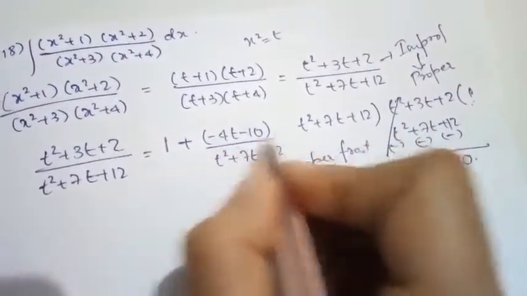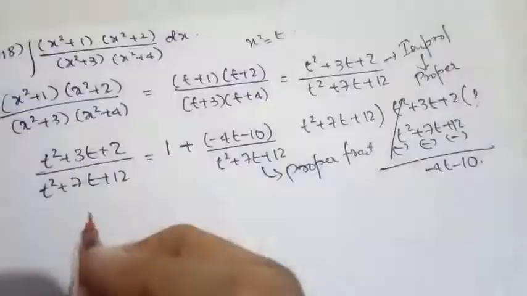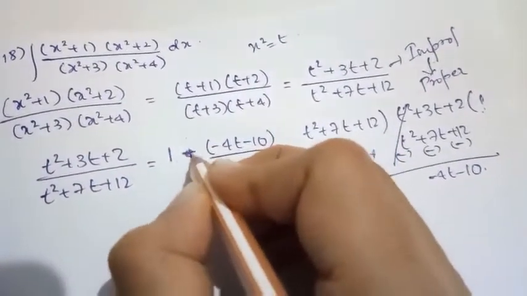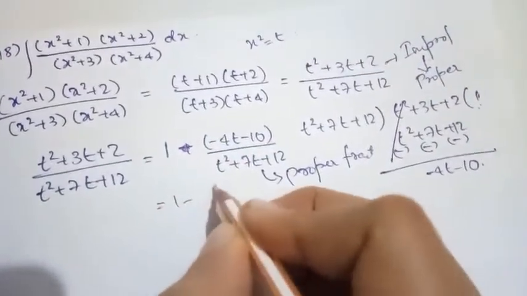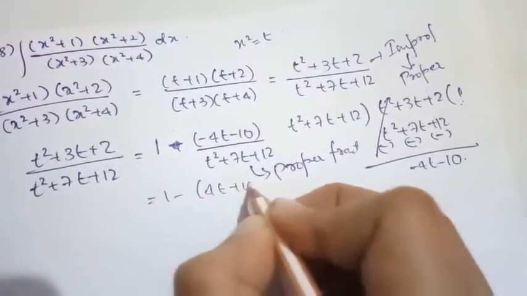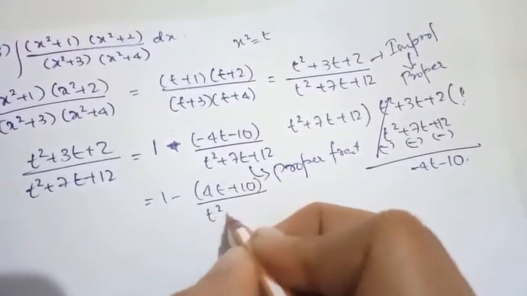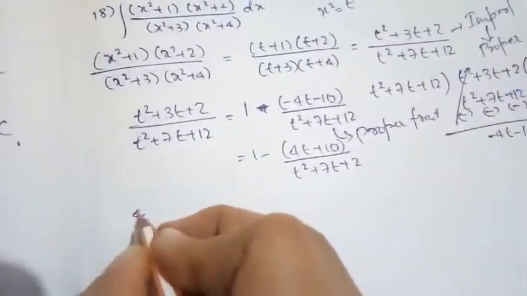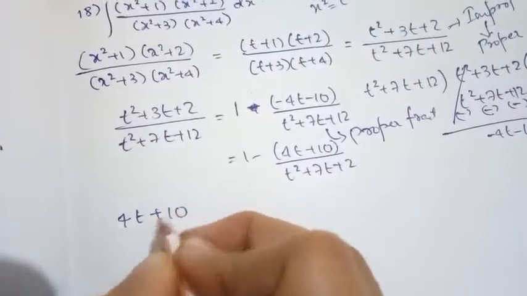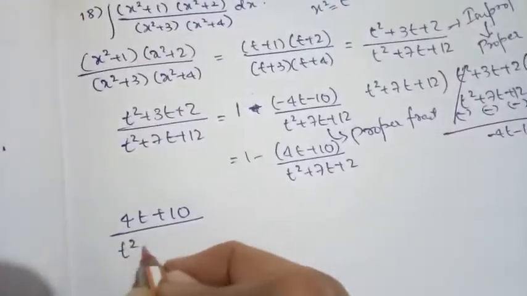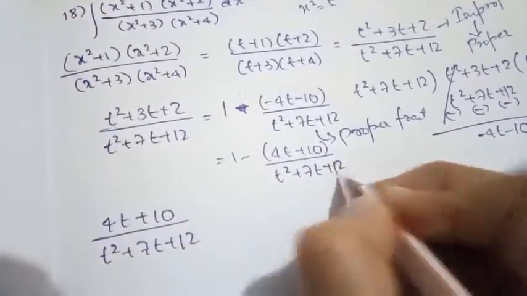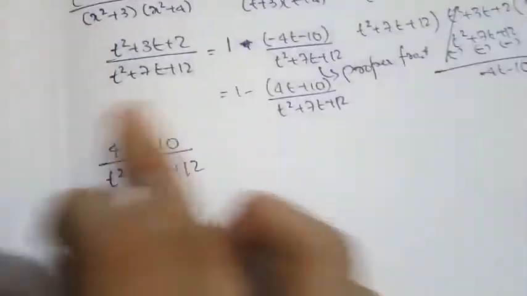Now I am considering this part. If I take this minus common outside, here we are going to get 1 minus 4t plus 10 divided by t square plus 7t plus 12. Now I am considering this proper fraction part, that is 4t plus 10 divided by t square plus 7t plus 12.